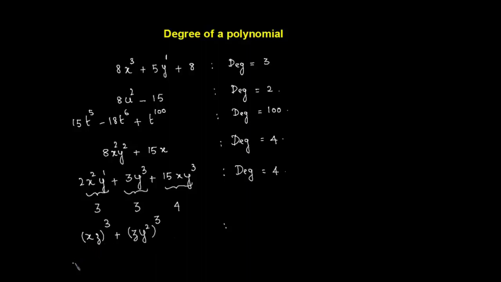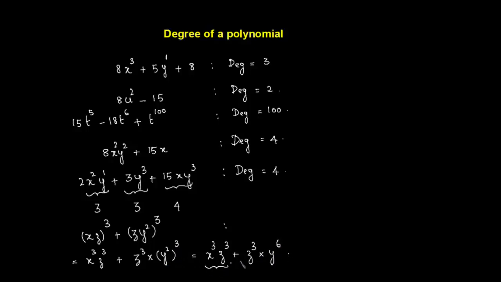Here you can see that this can be written as x cube z cube plus z cube multiplied by y square the whole cube, or this is equal to x cube z cube plus z cube, and you know that y square the whole cube is nothing but y square into y square into y square, which is y raised to the power 6.